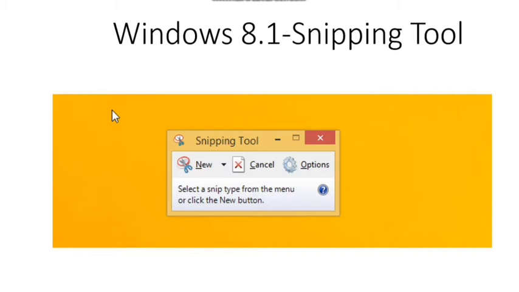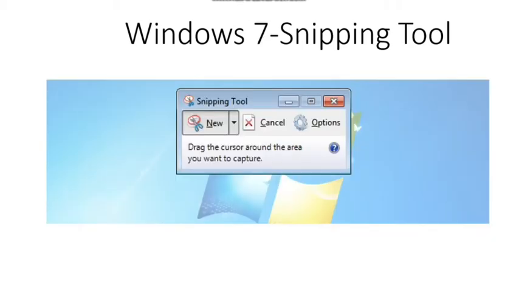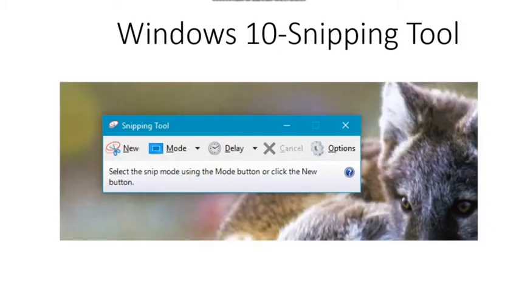See, this is what the snipping tool looks like in Windows 7. As you can see, the snipping tool from Windows 8.1 looks almost the same as the Windows 7 version, and it's very similar to the one in Windows 10.